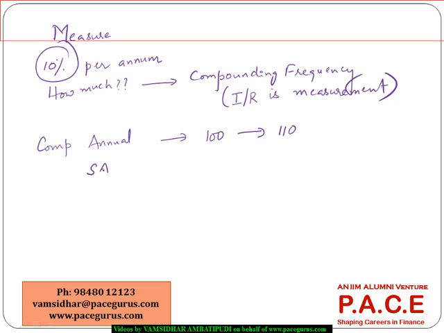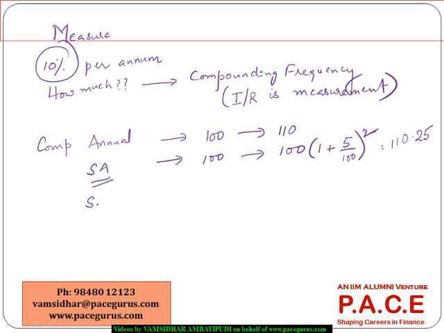But if it is compounded semi-annually, then the 100 you deposited becomes 100 into (1 + 10%/2), so I take the semi-annual interest rate, 5 by 100, and there are two semi-annual periods in 1 year. So it is actually going to give you 110.25.